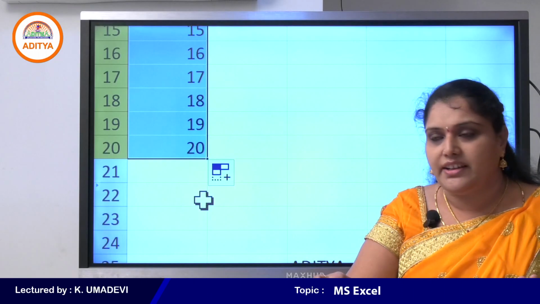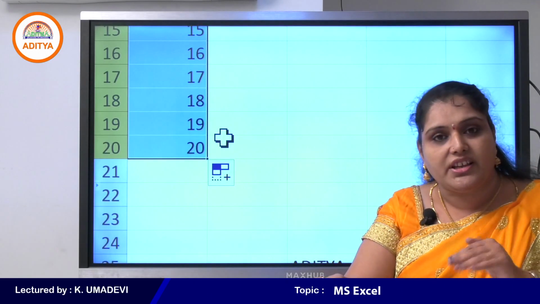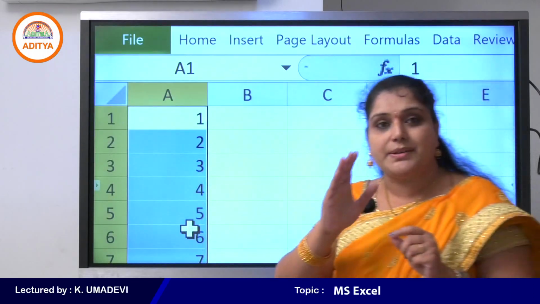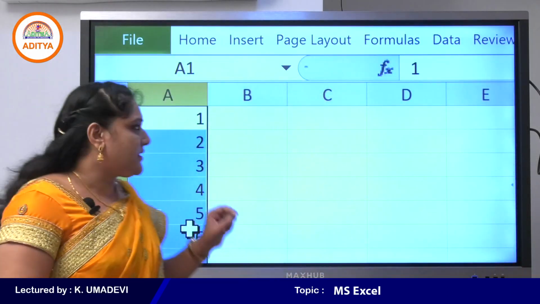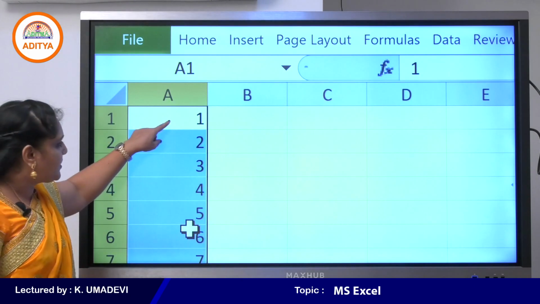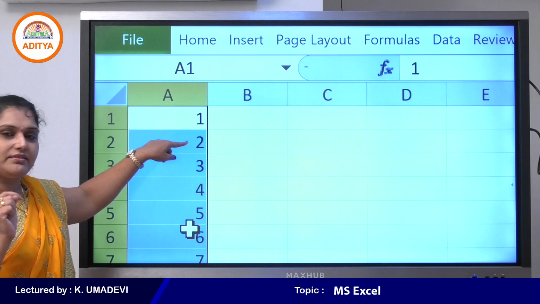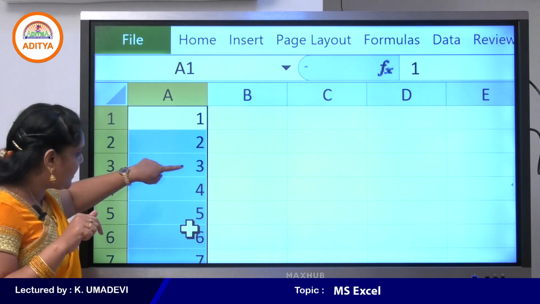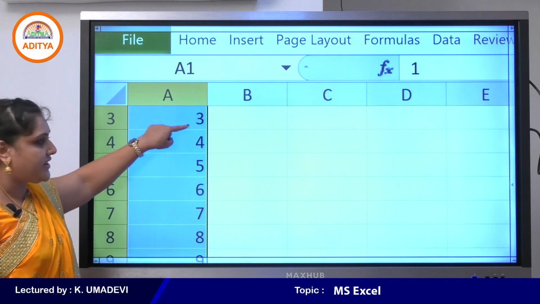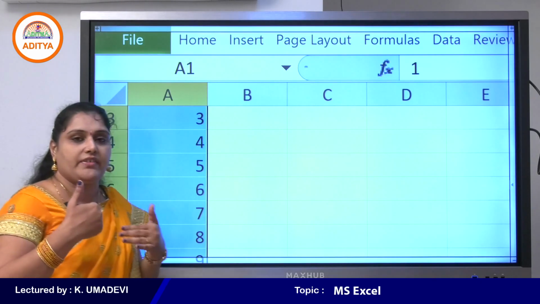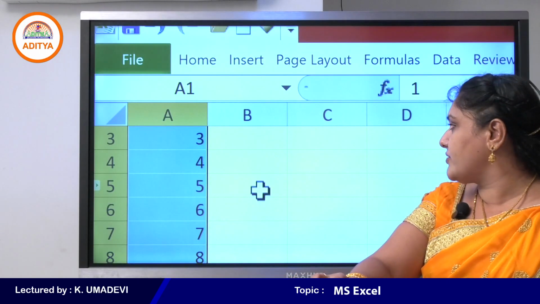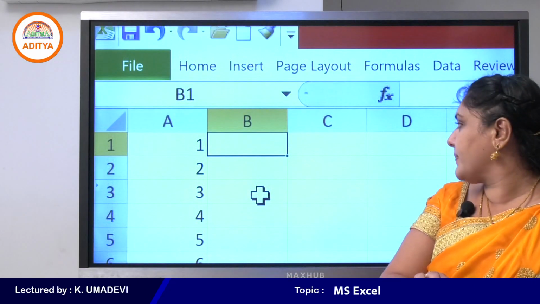We can easily fill the next series of numbers. Why? Because Excel identifies the pattern of the first two numbers. Here the pattern is incremented by 1, right? That means it automatically increments by 1, that is 3 and 4, 5, 6, 7, like this.